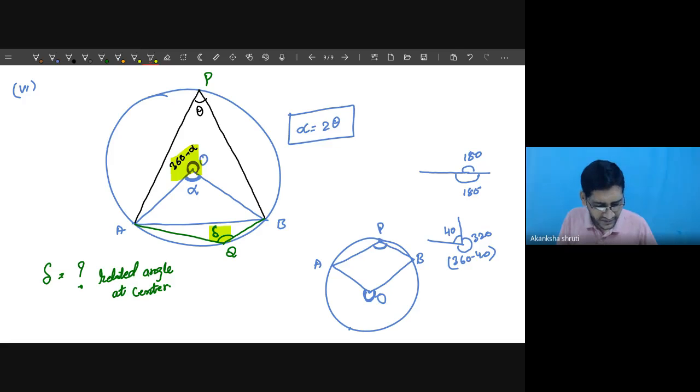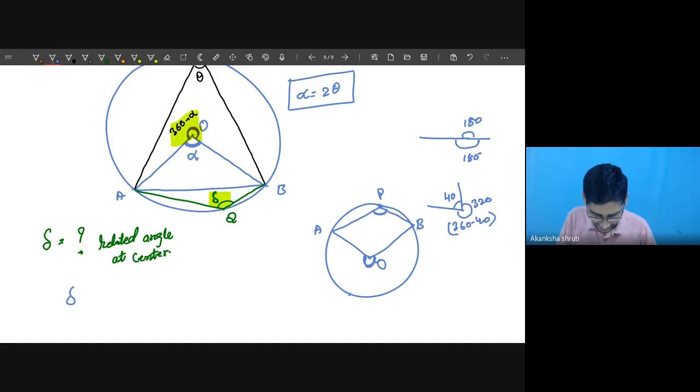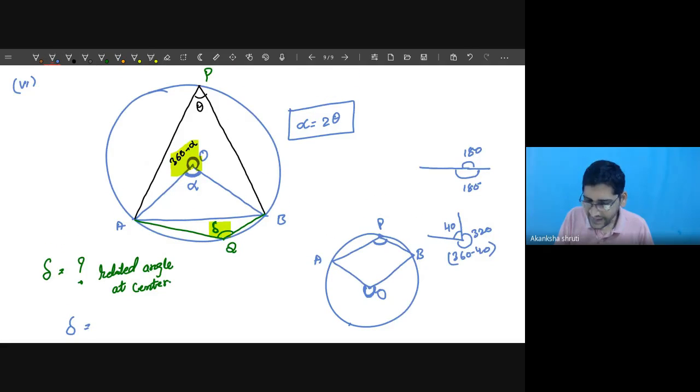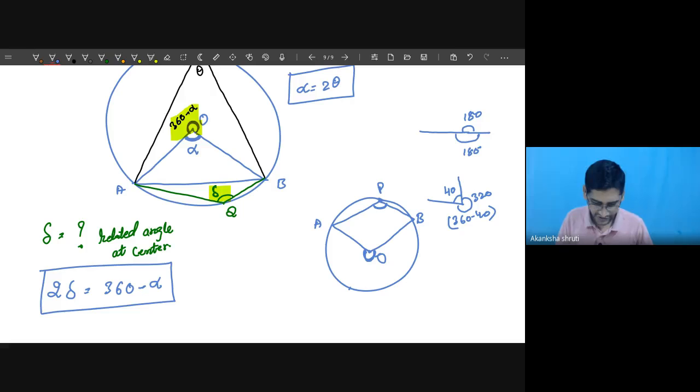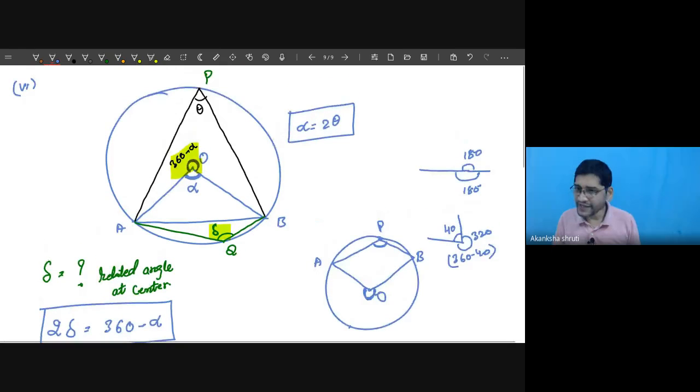So in this case, we can write that the delta is how much? Delta is the angle at the circumference. So twice delta equals the angle at the center, 360 minus alpha. So this will be the relation. So be careful. At the center only one angle will be given and the other angle may be asked on the circumference. The circumference angle may be on the minor side or on the major side.